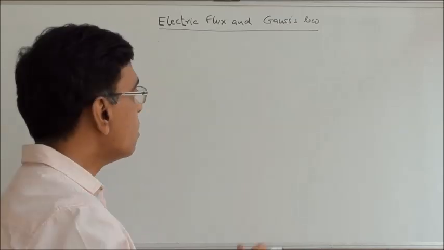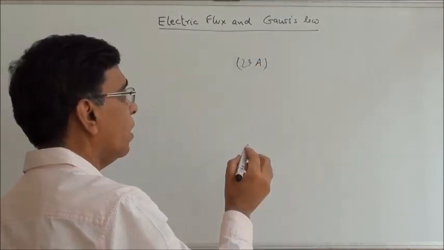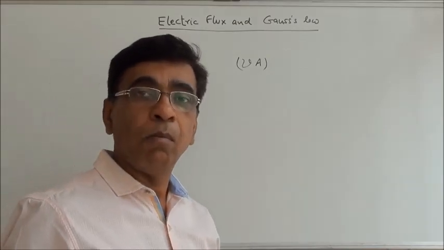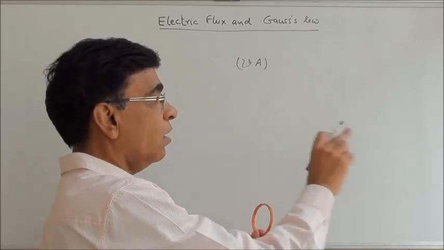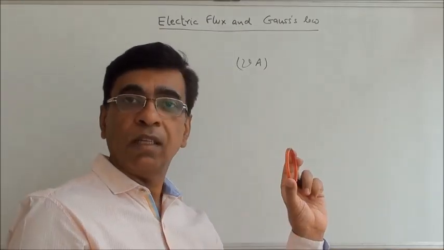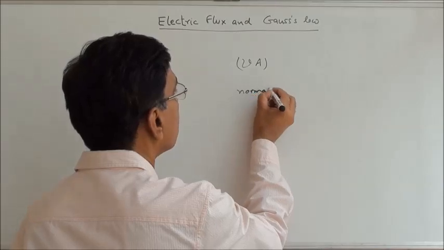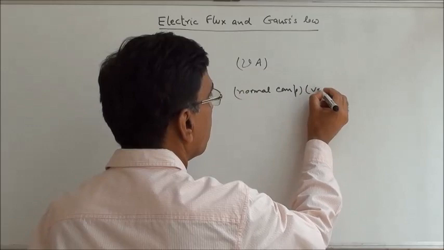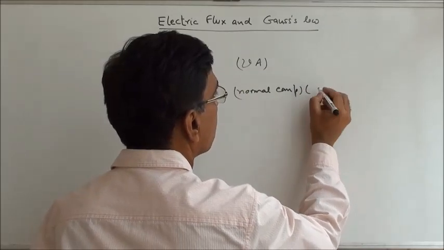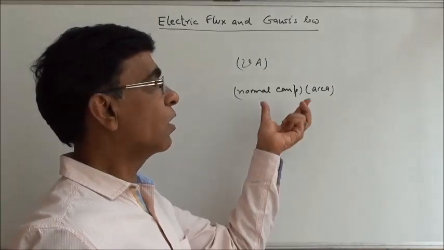In that particular case I told you flux is velocity into area. But here the velocity is perpendicular to this area. So I can say the normal component of velocity multiplied by area is the flux of velocity.